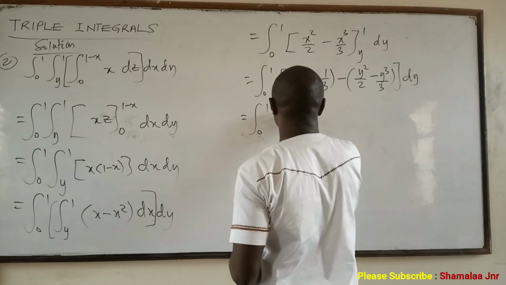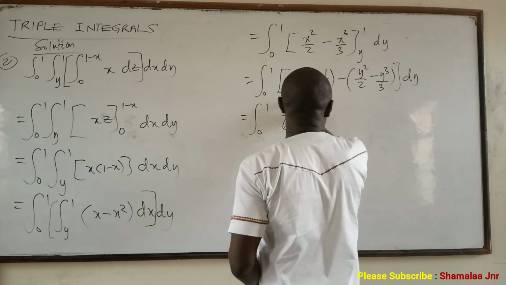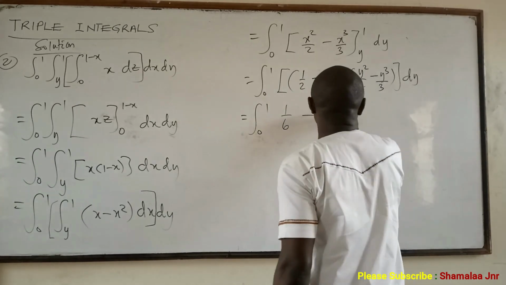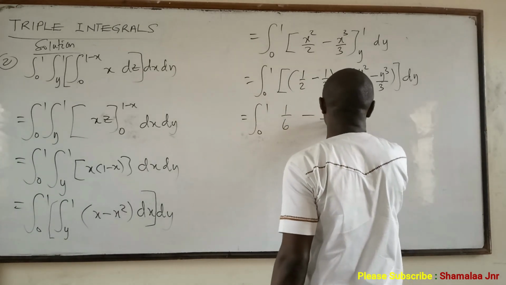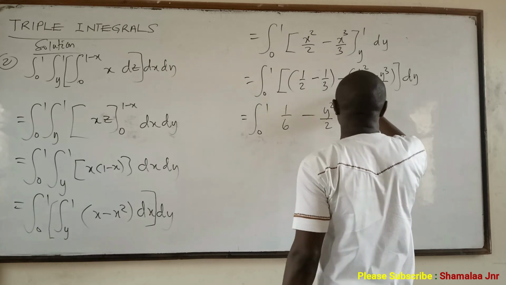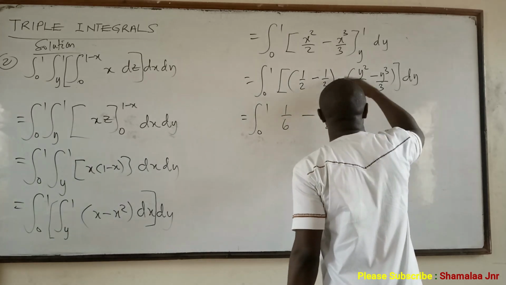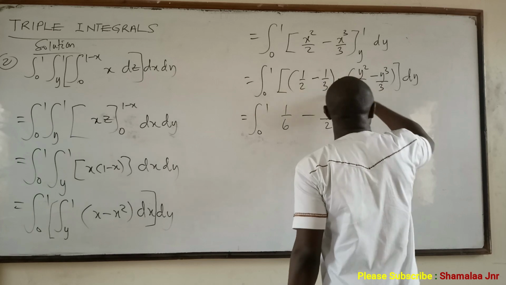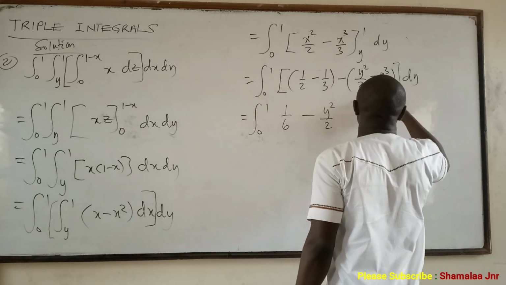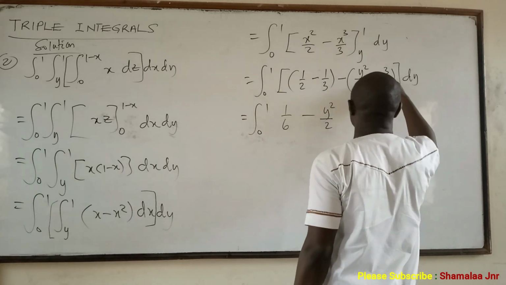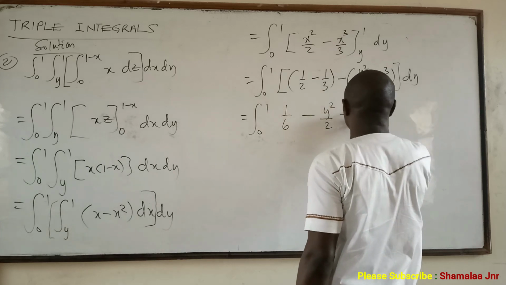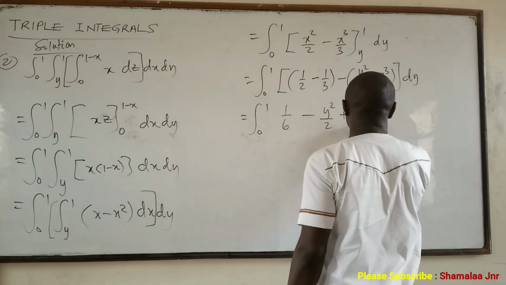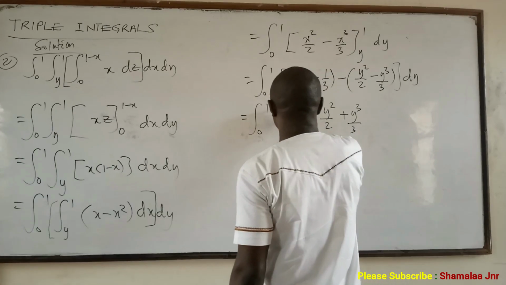So this is 1 over 6. Minus y squared over 2. And then here, look on the board, negative times negative y cubed over 3. Negative times negative is positive. You have to be very careful. So plus y cubed over 3. So that will be this way.